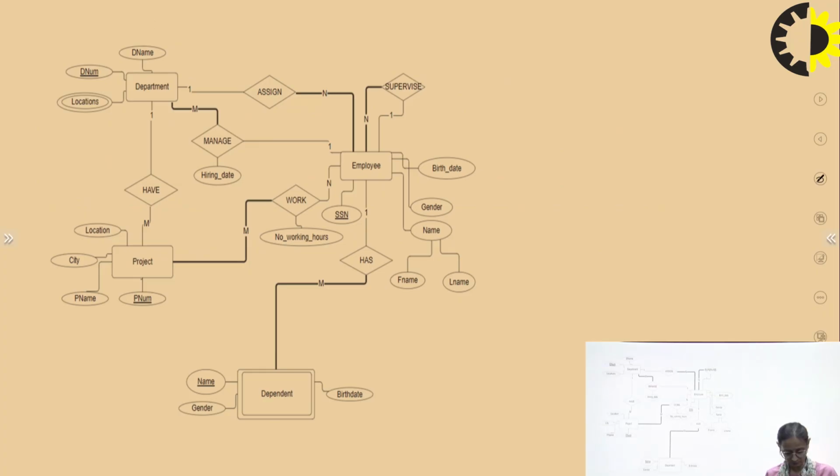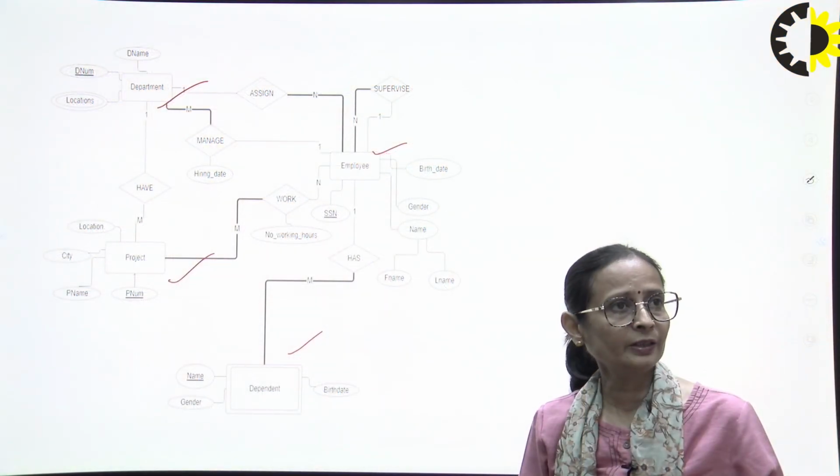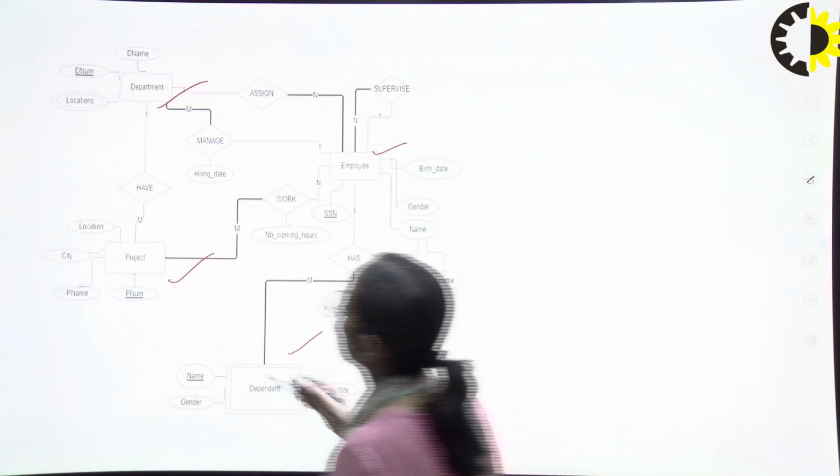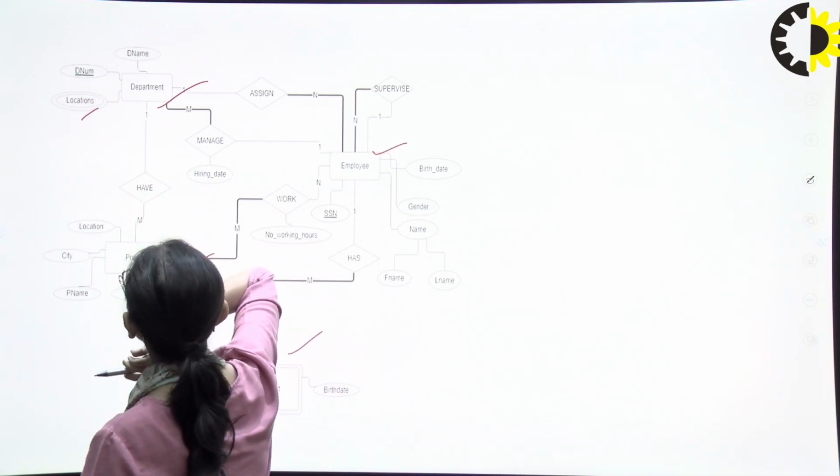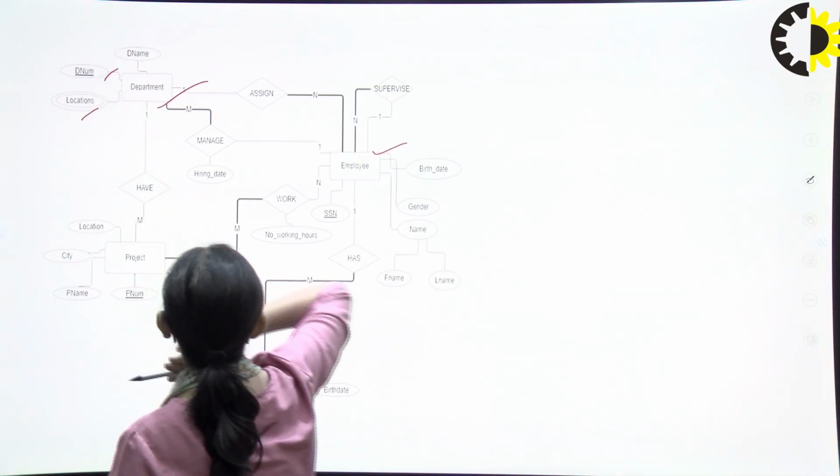So when we compile this information, what comes first? The entities we have identified: department, employee, project and dependent. These are the four entities we have recognized over there. We have identified these attributes: location, this is my multi-valued attribute, and this is my key in this case.